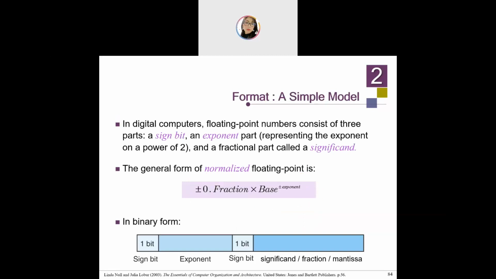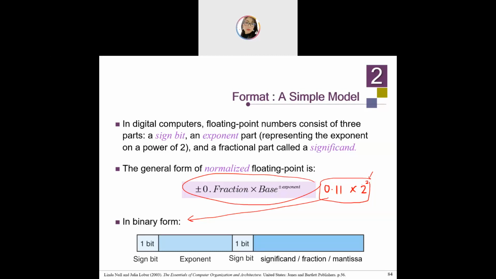But you need to know also how this format works, for example 0.11 times 2 to the power of 2 maybe. How can you convert this number to the binary form?